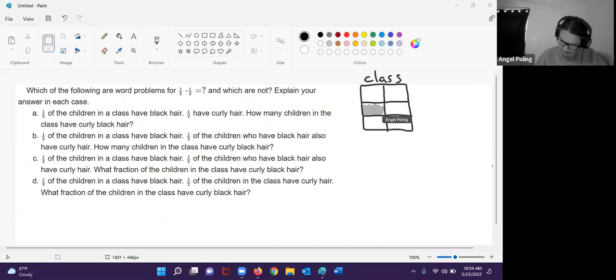So 3, right? So that's half in an unconventional way. And we could have the third with black hair, which now I see I should have shaded with black, in these two squares here. So there could be absolutely no overlap. There could be no children in the class with curly black hair.